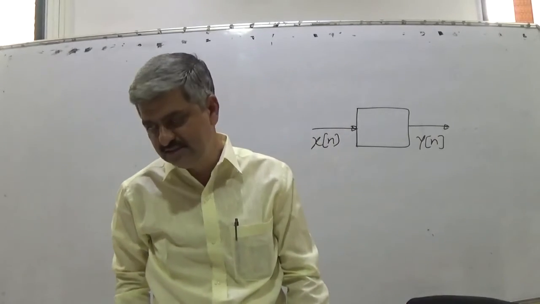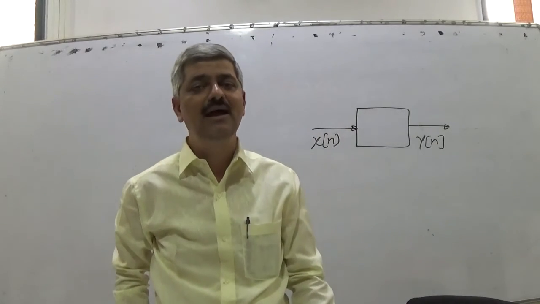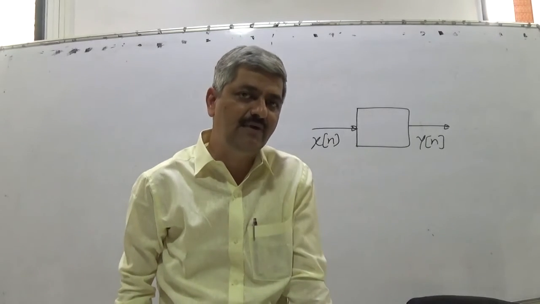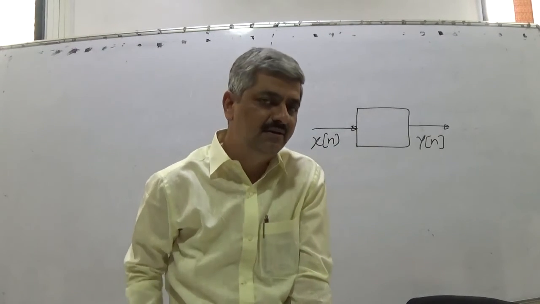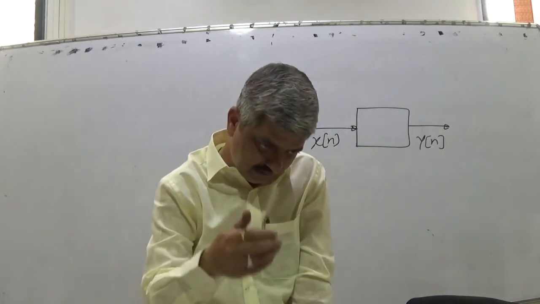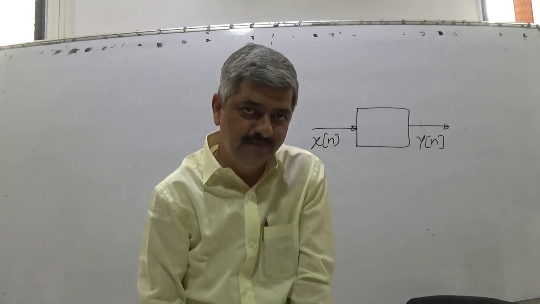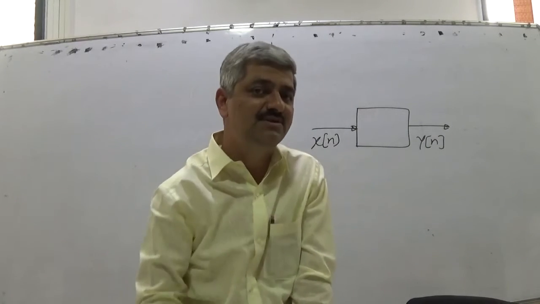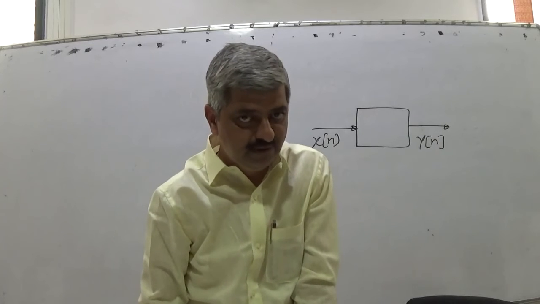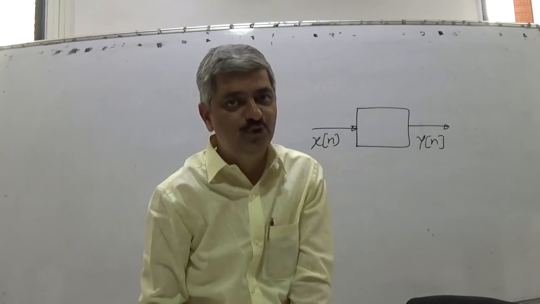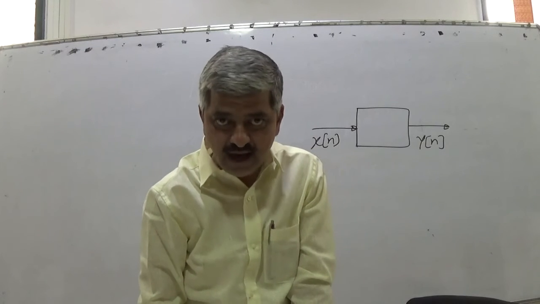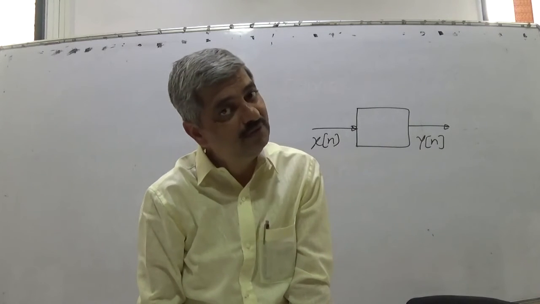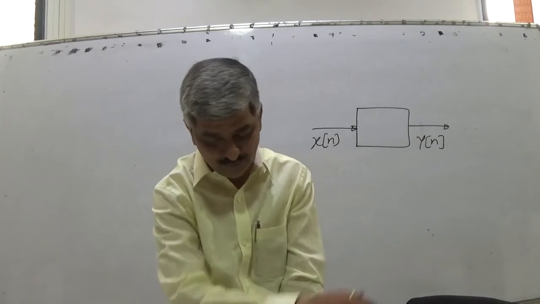A linear system means, I will give a simple example: for a system, if I apply some input multiple times, I should get the output multiple times. If I apply input 1 and input 2 as their addition, I should get the output as the addition of the separate outputs.